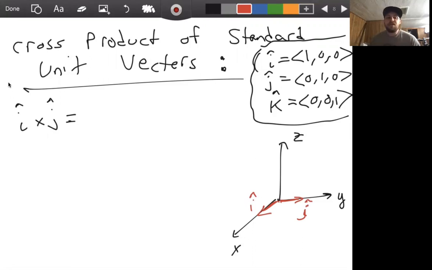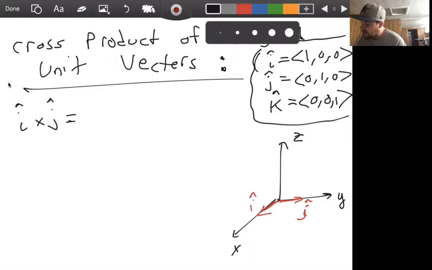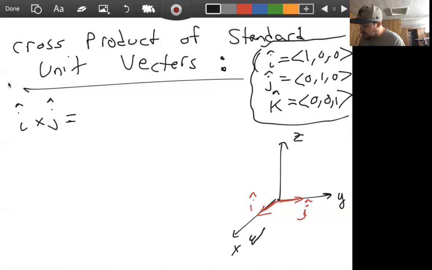Well, the cross product, the direction is determined by the right hand rule. So if we took our hand in the direction of i hat, which corresponds to the positive x-axis, and curl our fingers towards the positive y-axis, which corresponds to the direction of j hat, you can see we would be taking our hand like this and curling our fingers this way.